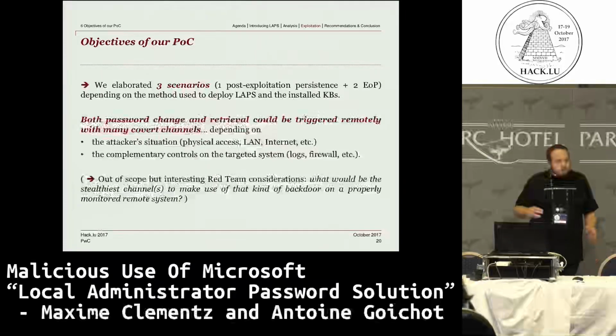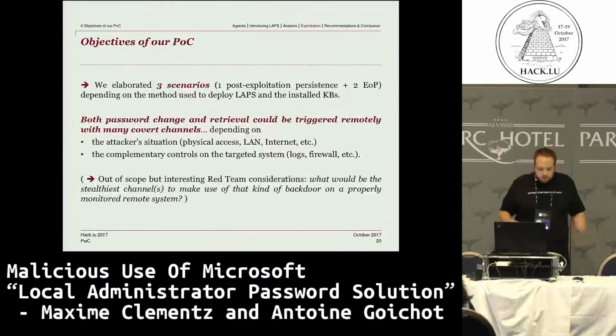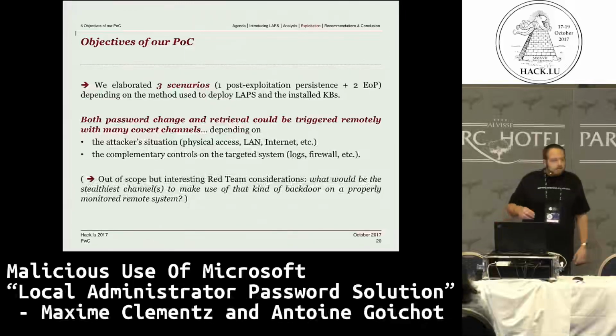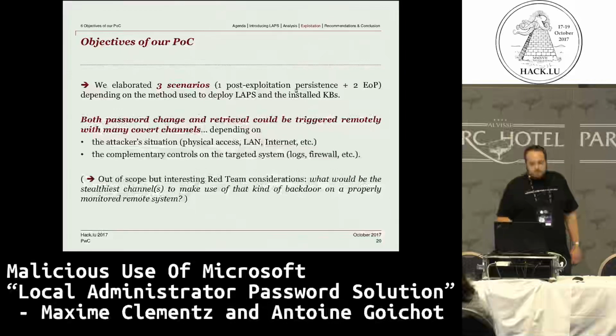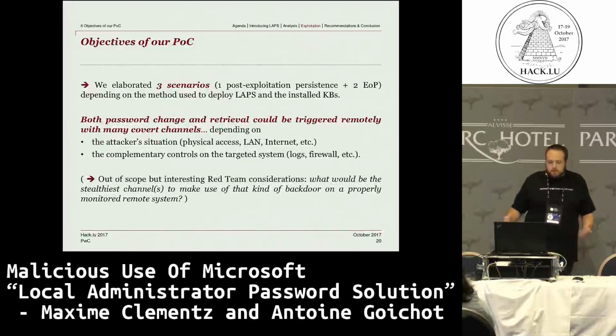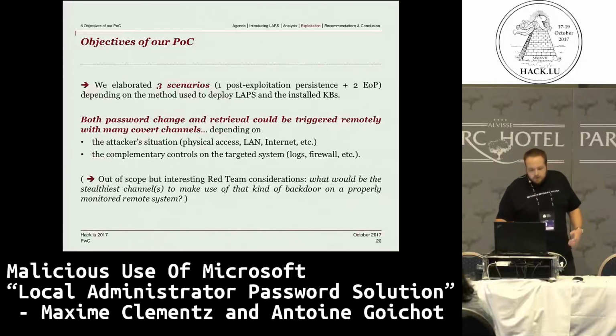And so both the password change and retrieval could be triggered by a lot of triggers, and we can recover the password by many channels. It will depend on where the attacker is, if he has physical access to the machine, or on the LAN, or on internet, and will depend also on other controls in the network.